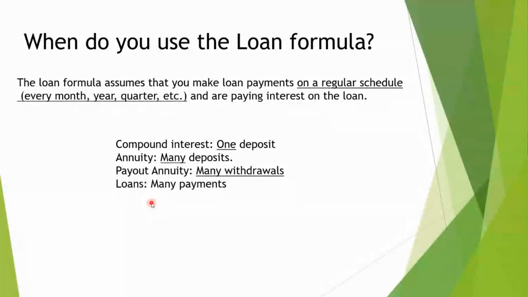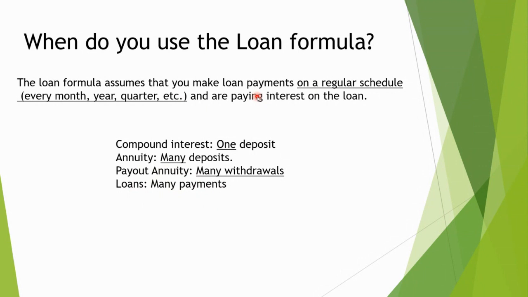So when you have a loan and you're making many payments, or an annuity, many deposits, a payout annuity, many withdrawals, and for a loan, many payments, that's what happens here. Again, we're doing this on a regular schedule. So, all right. That's good.